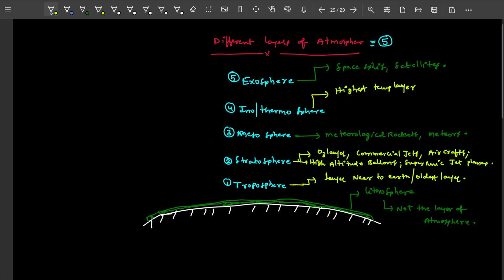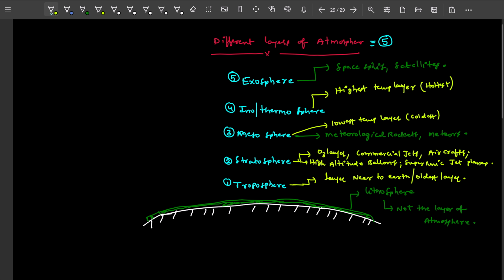And the lowest temperature layer, or coldest, is this mesosphere. The thermosphere is the hottest. We have to remember these points. These all points they will ask in the exam.